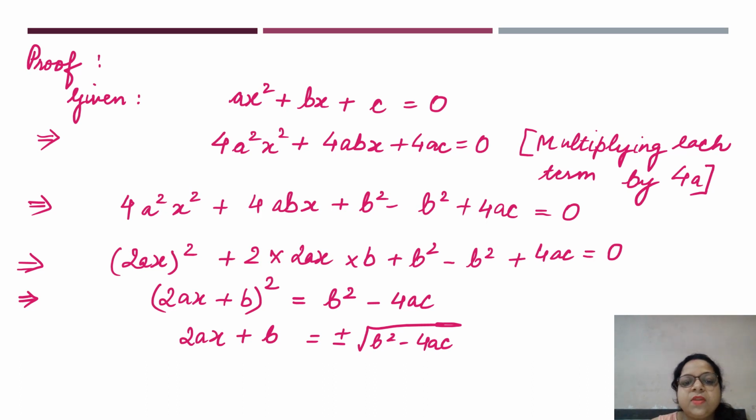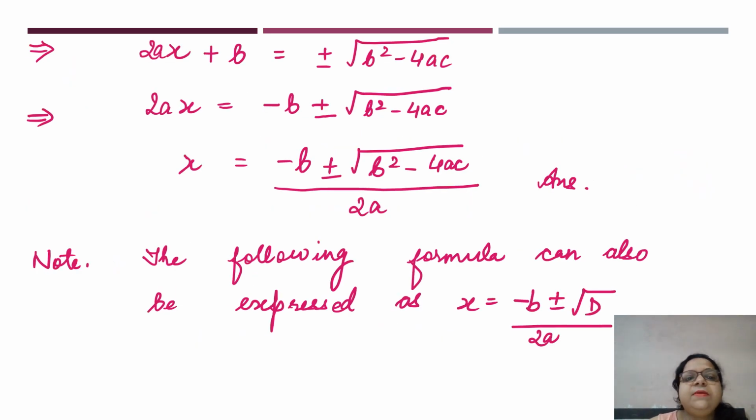Okay, and which is equal to, if you take minus b square plus 4ac on the right hand side, it becomes b square minus 4ac. Okay, so 2ax plus b is equal to plus minus under root of b square minus 4ac, which implies that 2ax plus b is equal to plus minus root of b square minus 4ac.